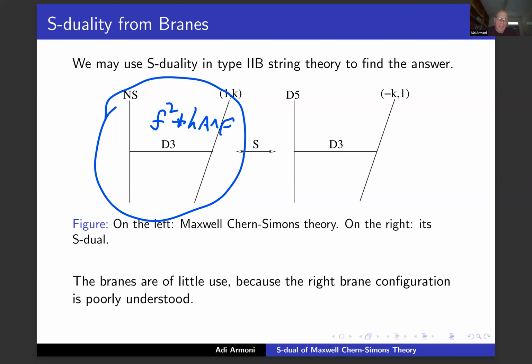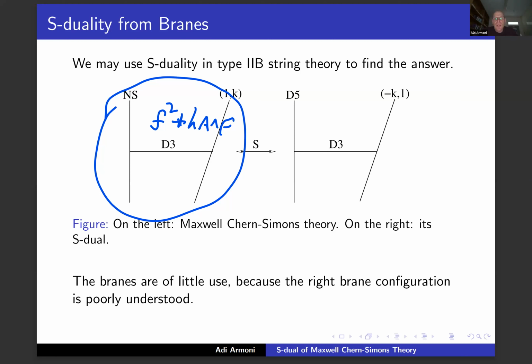On the other hand, when I sort out the S-dual of the theory on the left-hand side, it will teach me also something about string theory. It will tell me what is the field theory that lives on a brane configuration that consists of a D5 and a tilted (minus k, 1) 5-brane. So eventually I will derive the S-dual theory using field theory techniques, but it will teach me something about string theory.